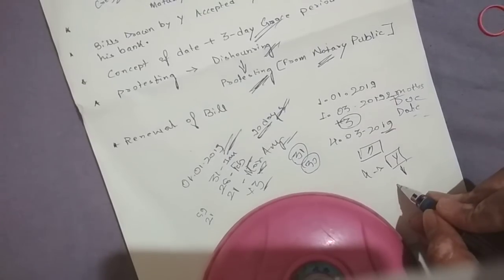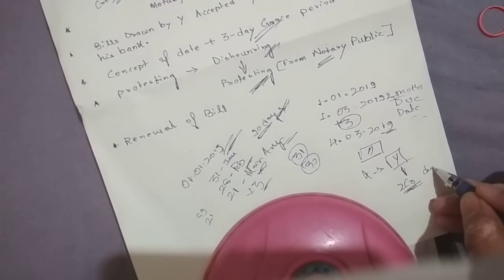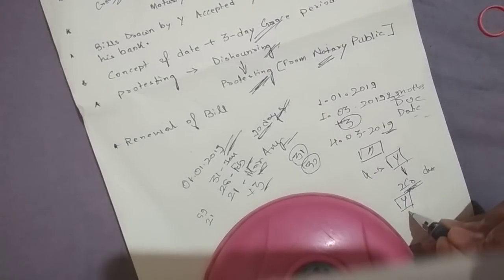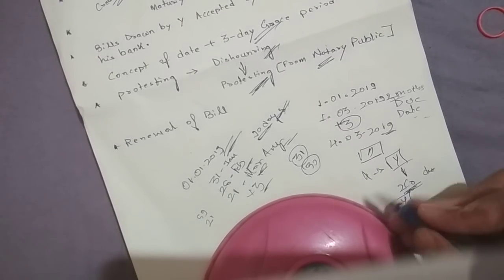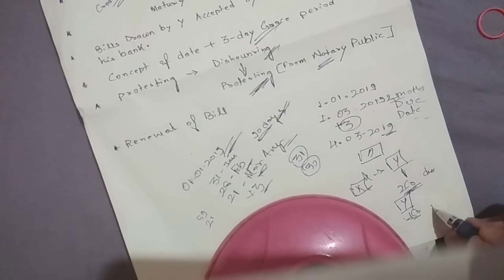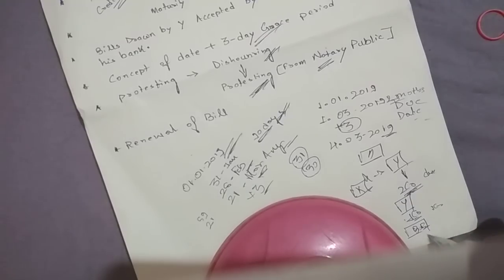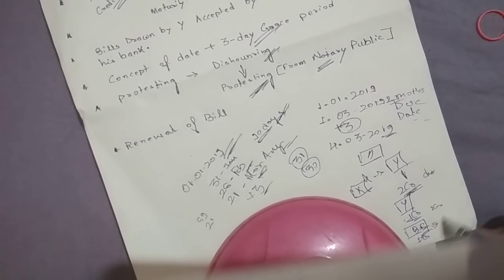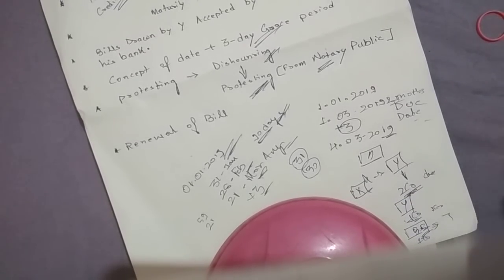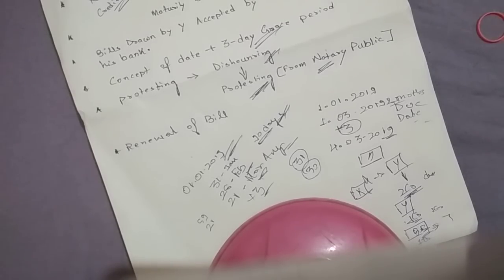The amount is 2 crore rupees, but on the due date Y could pay only 1 crore. If X agrees, then for the other 1 crore another bill of exchange is made and another time period is given. This process is called renewal of bill.